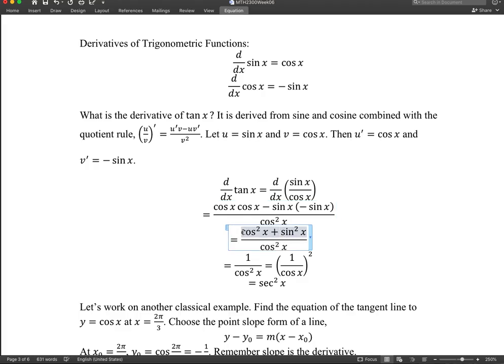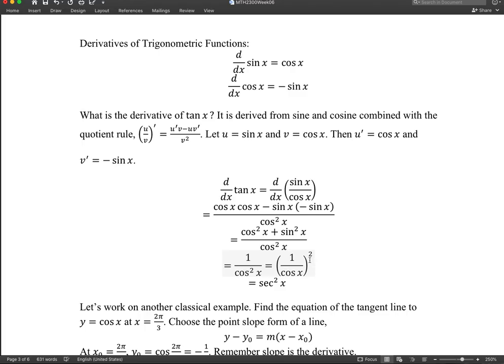Still, it may look pretty big for the numerator part, but you must recognize this. It's the Pythagorean identity, right? Cosine squared plus sine squared equals 1. So it just turned out to be 1 over cosine squared. And again, about the notation for trigonometric functions, cosine squared really means cosine x with parentheses squared. So 1 over cosine squared really means 1 over cosine x with parentheses squared.